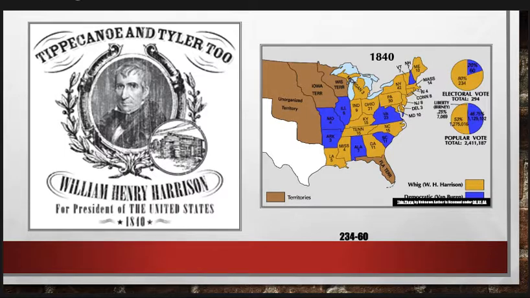As William Henry Harrison defeats Martin Van Buren in the election of 1840. The Whigs, united under one candidate, and Ohio's William Henry Harrison defeat Martin Van Buren.